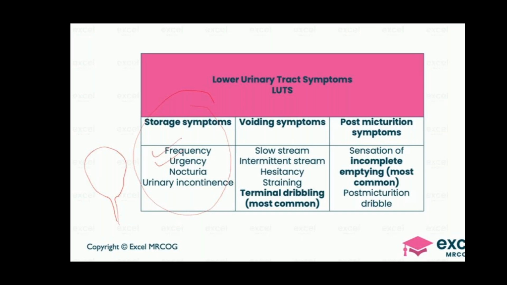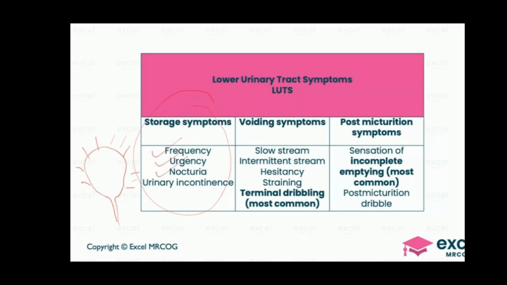You may get a woman coming with nocturia, which is she needs to wake up in the night to pass urine. Again, all this is happening because the bladder is contracting too often, right? You can have urinary incontinence, which is also a storage symptom, because of this particular problem, that is the bladder contracting too often.